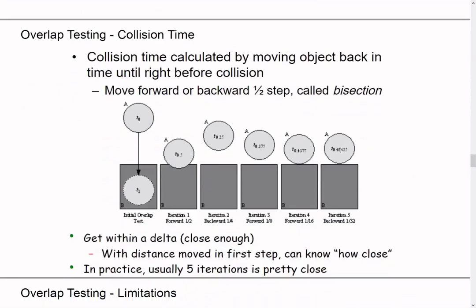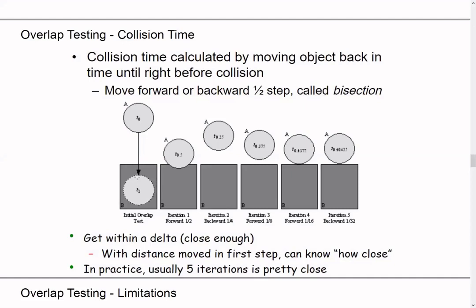So now let's look at the collision time when it comes to overlap testing. This is calculated by moving objects back in time until right before the collision. Okay, so let's look at this diagram and see what happens.